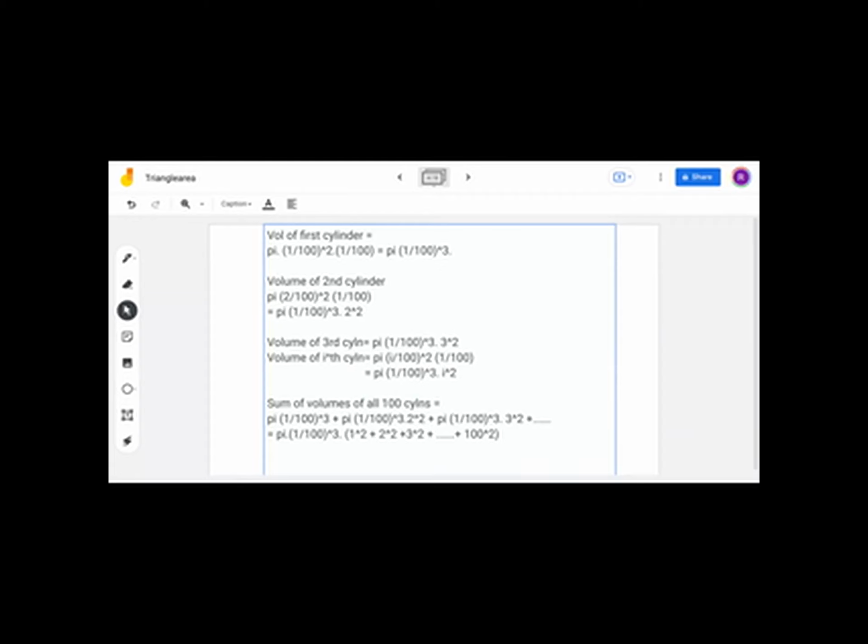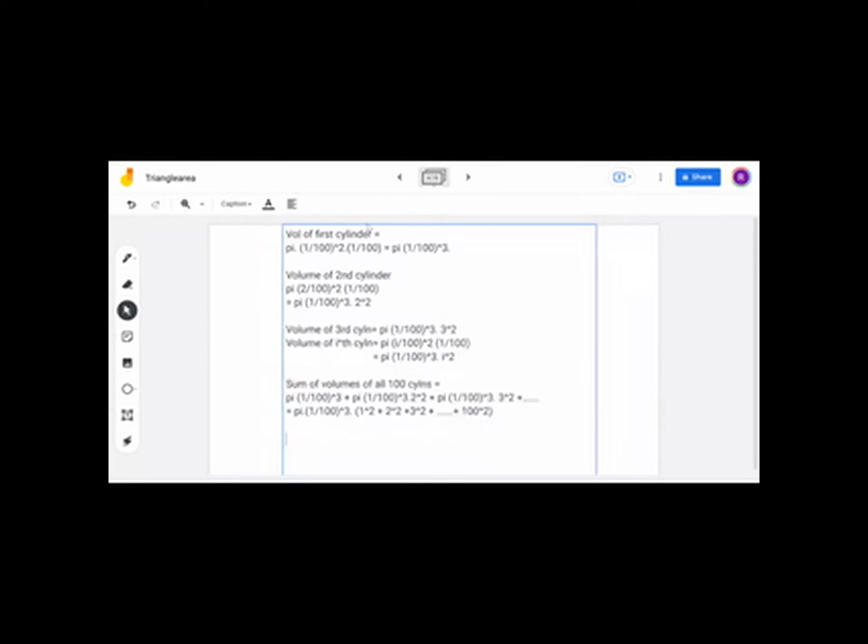I thought you do the formula in 9th grade. Is it not taught in school yet? The sum of the squares, 1 squared plus 2 squared till 100 squared. Nobody's done that formula? How much is it?